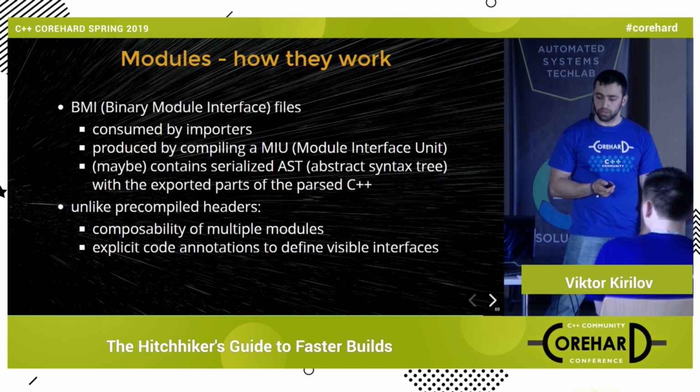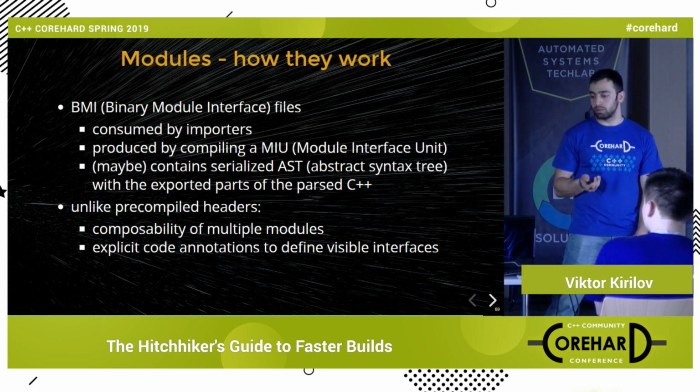Binary module interface files usually contain something like the AST of the parsed and compiled module, and they're something like precompiled headers. But unlike precompiled headers, a separate translation unit now can use a bunch of such modules. With precompiled headers, a single source file could use only a single precompiled header. So modules are composable, unlike precompiled headers.